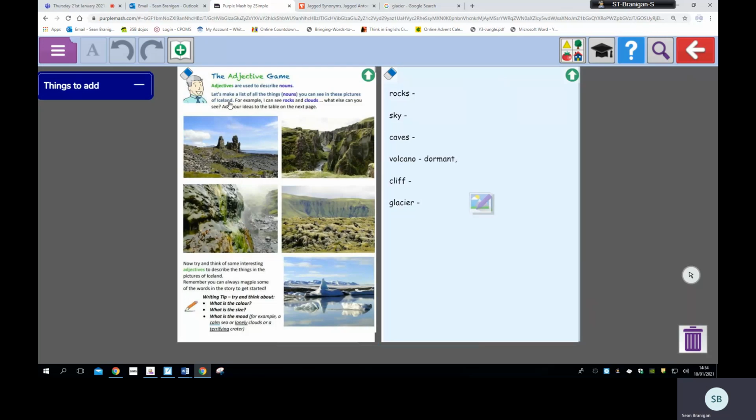The adjective game. Adjectives are used to describe nouns. So I looked at the pictures below, and nouns are obviously names of things. Okay, they are actual things. They can be people, they could be animals, they could be objects. So I looked through all of the pictures and I made a list of what I could see. So rocks, sky, caves, volcano.